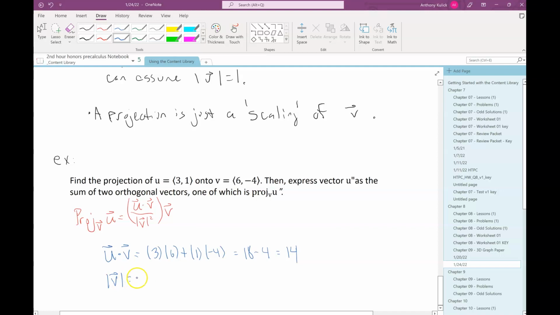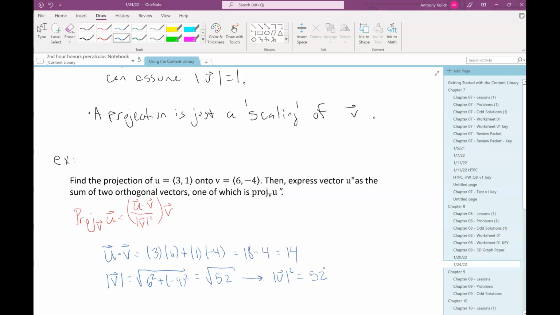And then we'll do the magnitude of V. So that's 36 plus 16, which is 52. Notice that I'm not going to bother rationalizing or simplifying that radical, because what I care about is the magnitude of V squared. So I can just drop the radical when I find the magnitude of V squared.